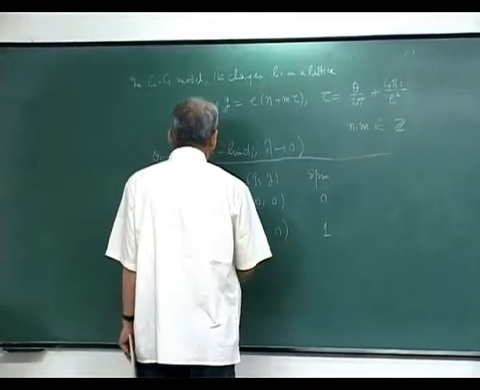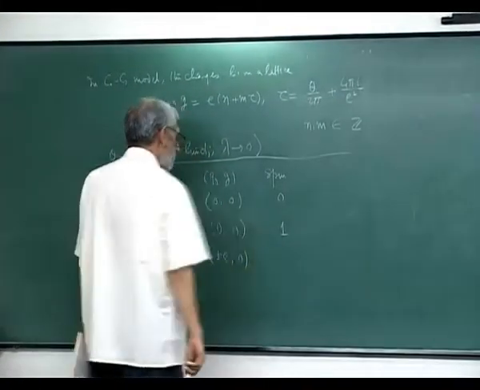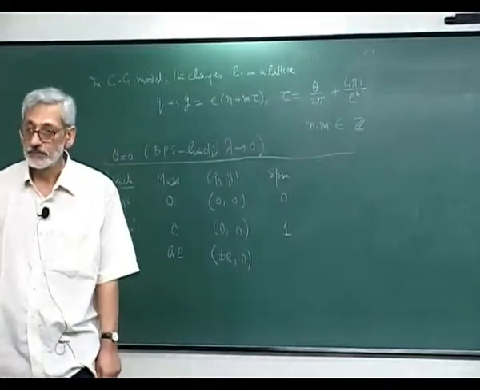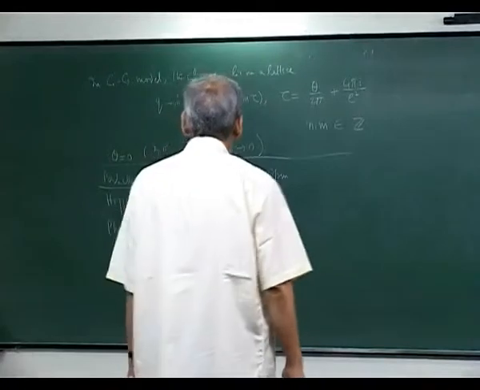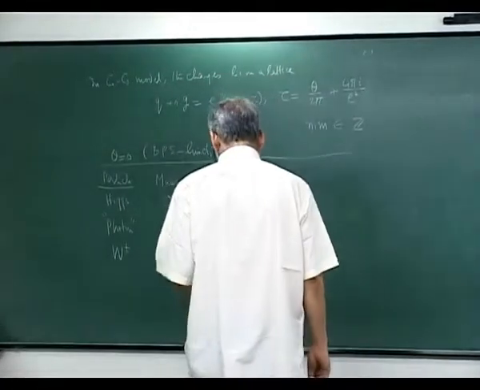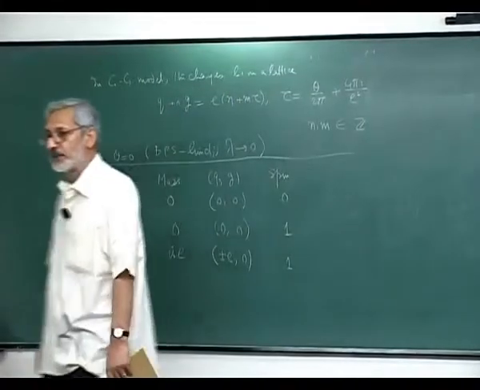The electric charge for these objects was plus minus e, and magnetic charge 0. And these are spin 1 massive gauge fields.